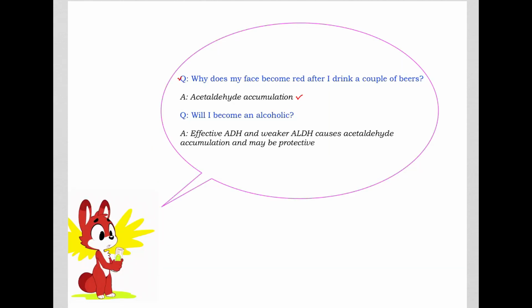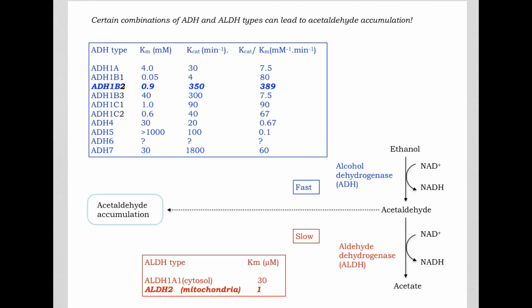What about the second question? Will I become an alcoholic? The answer to the second question is also based on the type of these two enzymes that you have. So if you had, once again, the highly efficient ADH1B2, then you are going to convert ethanol into acetaldehyde very fast.